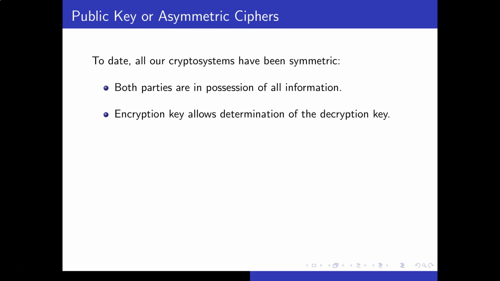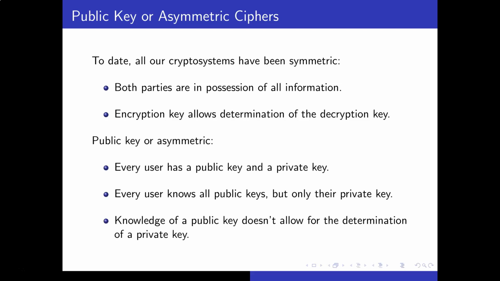So we're going to switch gears and look at what's now referred to as an asymmetric cipher, or sometimes also a public key system. In this, every user has two keys. They have a public key and a private key. And I should stress that the user has the keys, so the key itself is dependent upon who is using the system. Now, you have multiple users in the system.